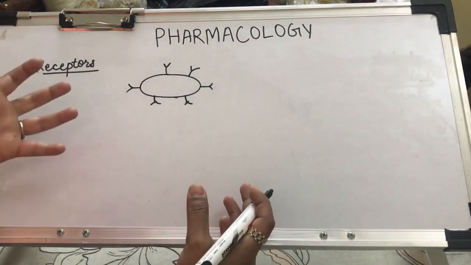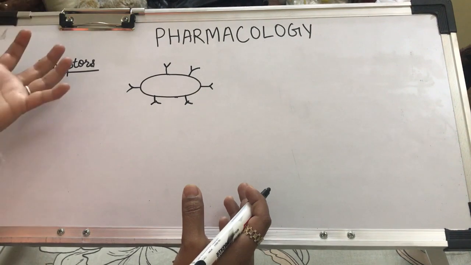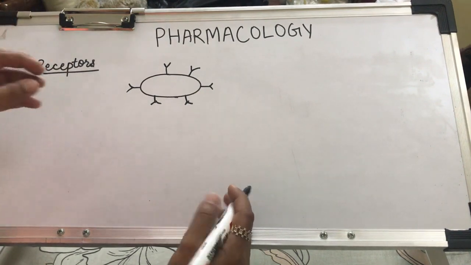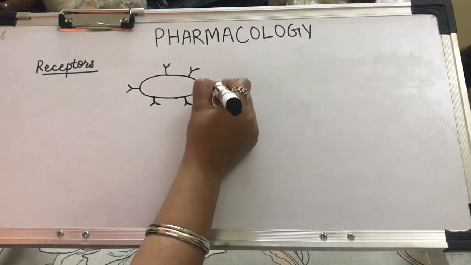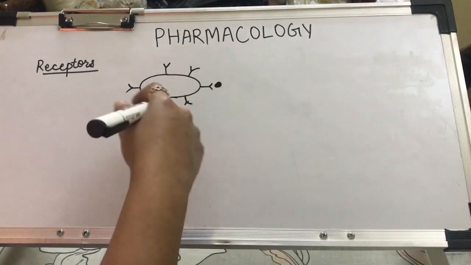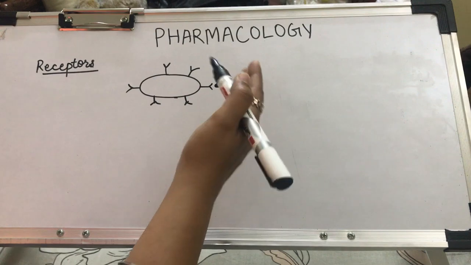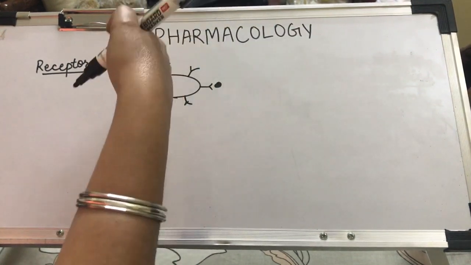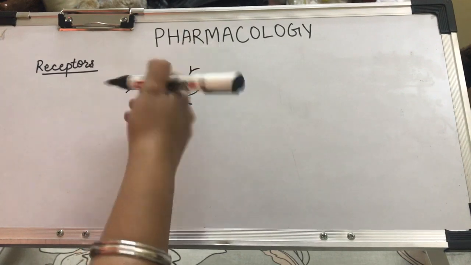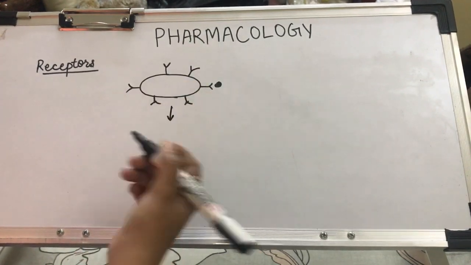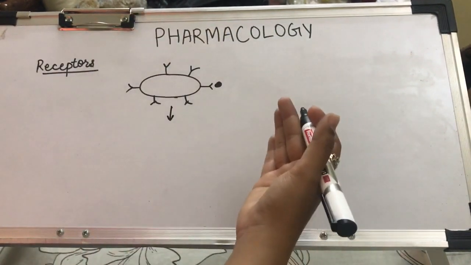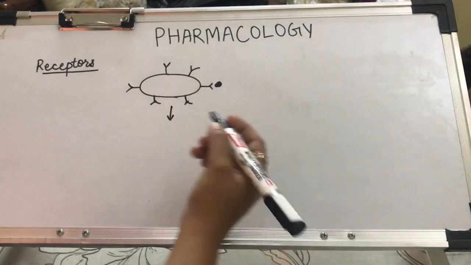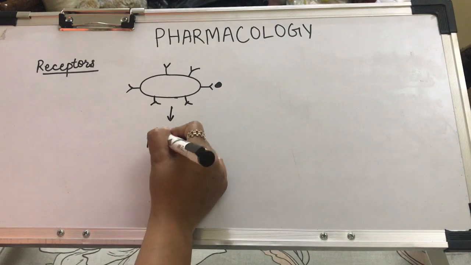They recognize their ligand, and they bind to that chemical substance or the drug, and this will initiate a conformational change inside the receptor, and this will lead to a series of biochemical reactions which are translated into a pharmacological effect.